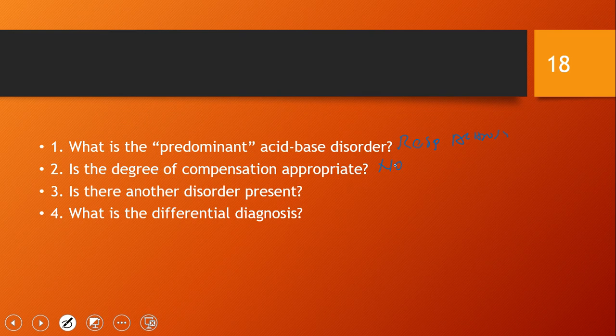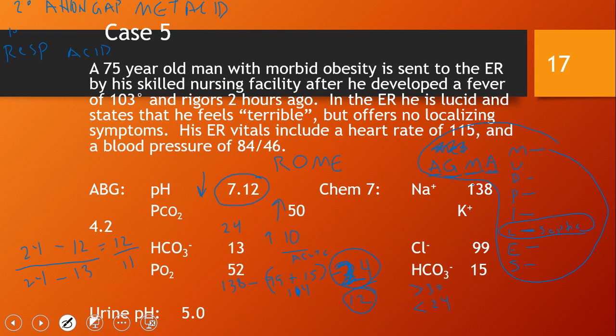Is there another disorder present? Yes. It was anion gap metabolic acidosis. What is the differential diagnosis? Wow. Okay, well, I definitely had the septic thing going on there. So I think he's got some sort of septic thing.